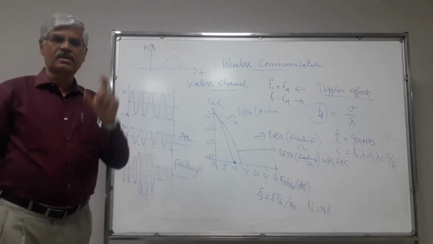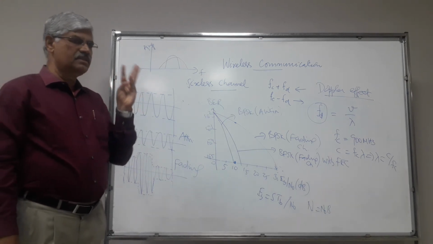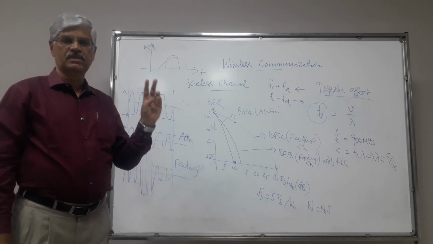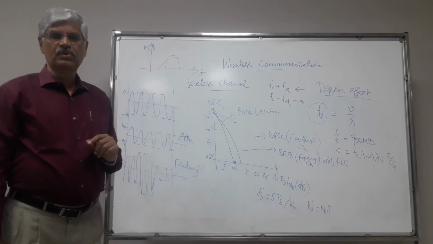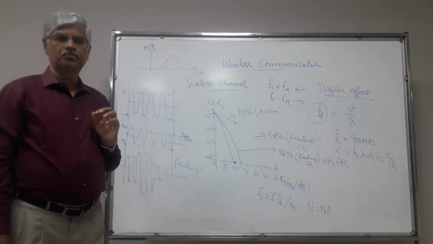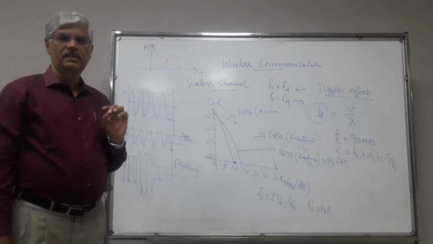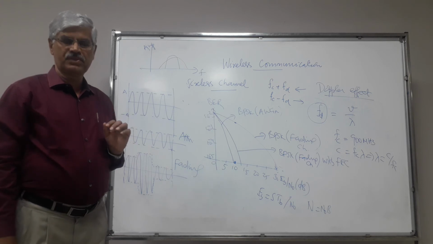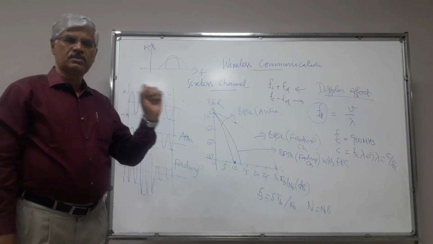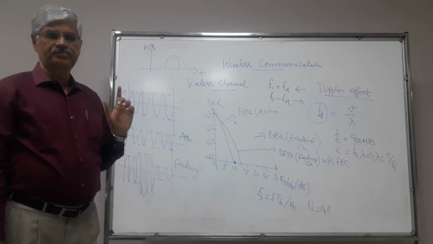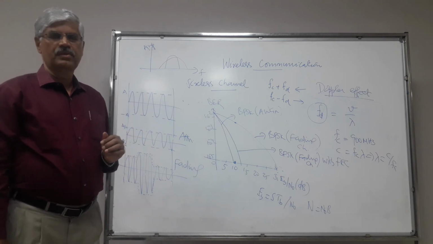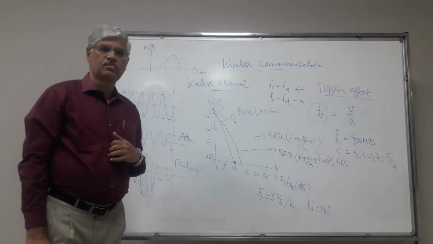So there are three important effects. One, the amplitude of the received signal is very small and time varying. Number two, it is experiencing time dispersion, which causes intersymbol interference. And third is the Doppler effect, because of the speed with which the mobiles are moving.